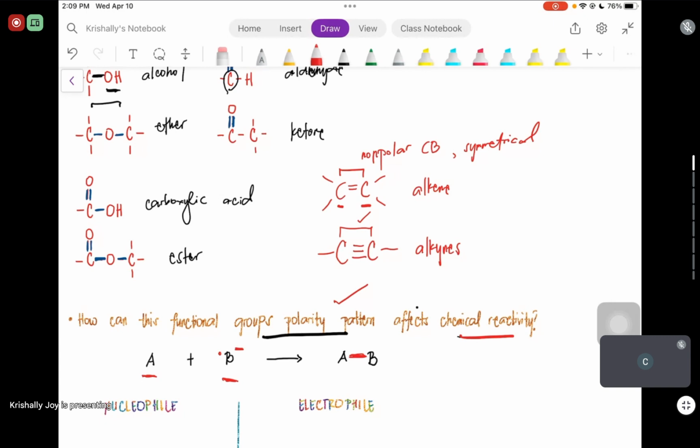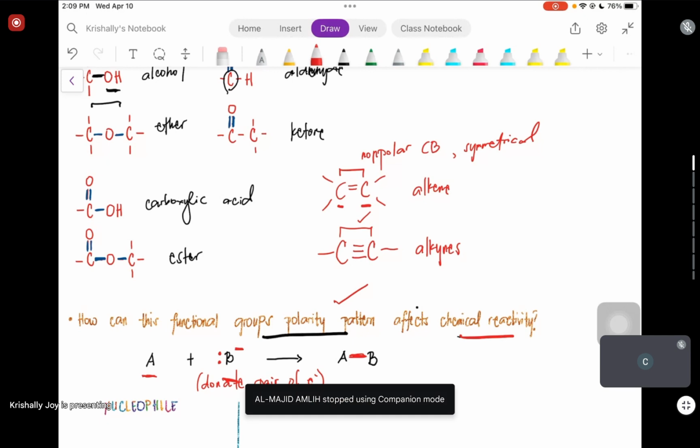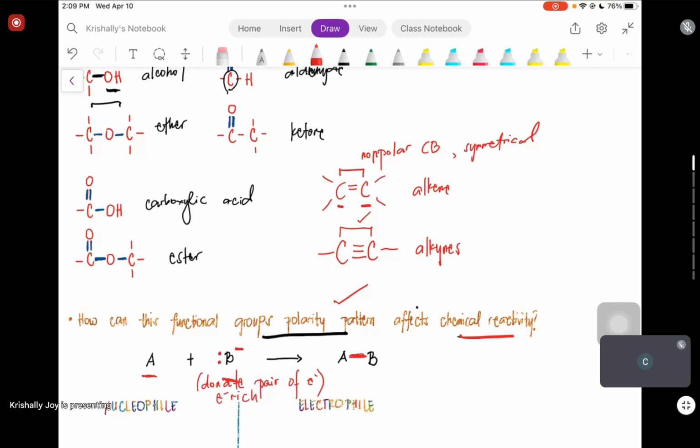one compound must have a negatively polarized center. For it to form a bond, for it to form a product, this electron-rich compound will donate a pair of electrons, because it has a negatively polarized center. It is the electron-rich one in a polar reaction. So it donates its pair of electrons to the positively polarized center.